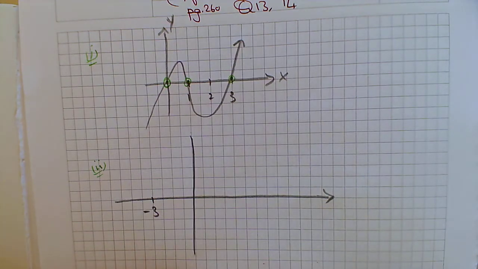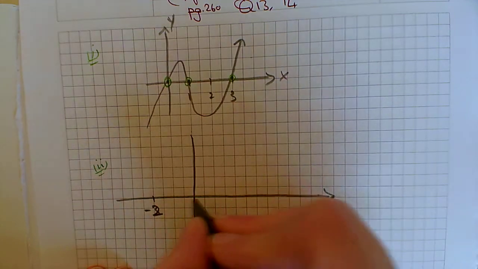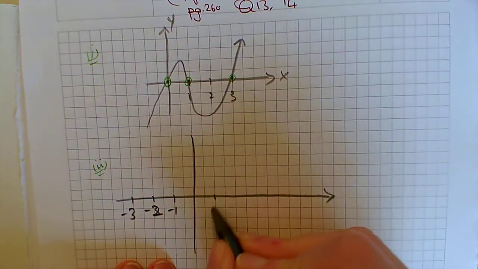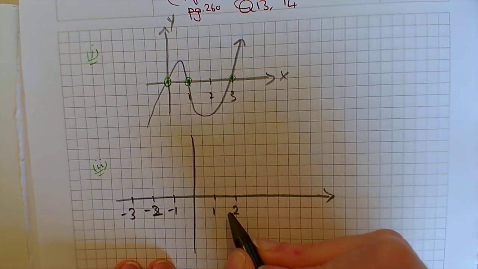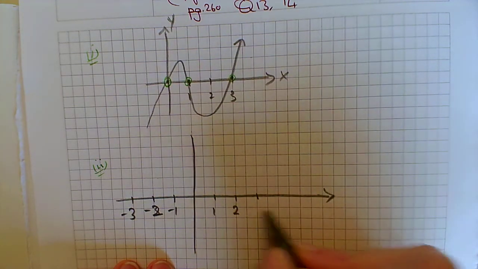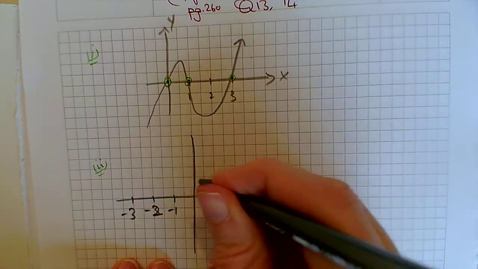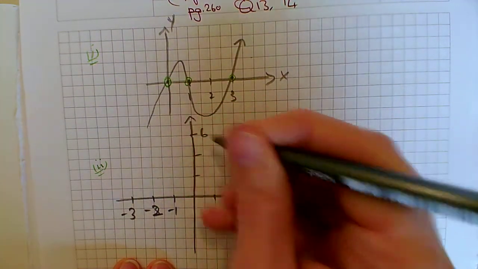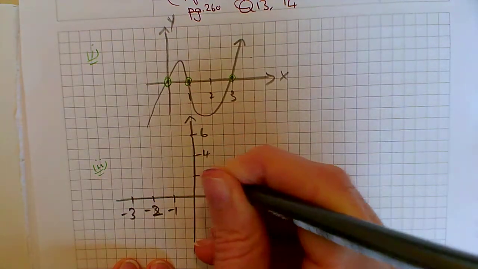I should be careful there. So let's call that -2, -1, I'm going every 2 boxes. -3, 1, 2. I actually needed more space on the other side, not to worry. 1, 2, 3, 4, 5, 6. 2, 4, 6 like that.